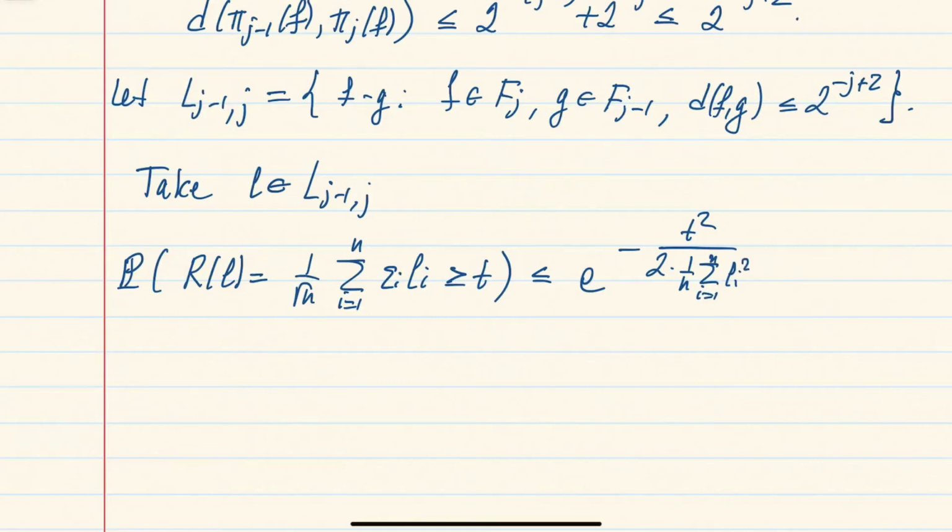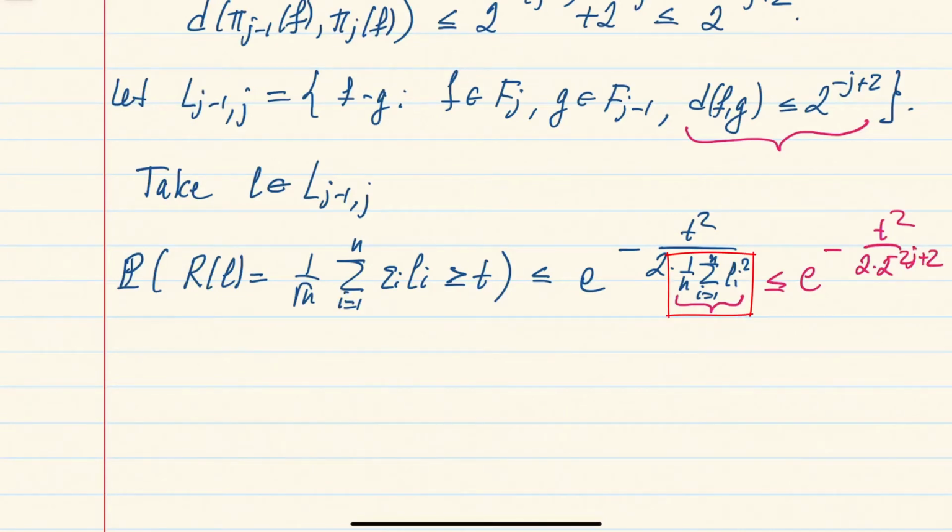We know that this link in this set has distance from 0 bounded by 2 to the minus j plus 2, and that's exactly this average of squares here. So we can bound this by e to the minus t squared divided by 2 times 2 to the minus 2j plus 2, because this in the denominator is the distance squared. And this inequality was just by Hoeffding's inequality.